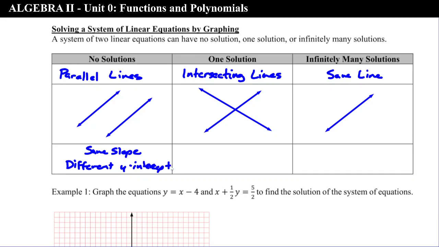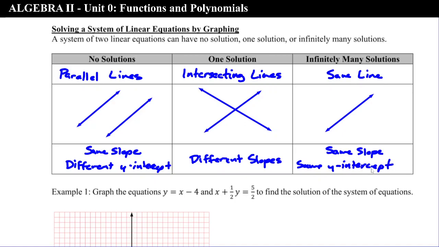For one solution, you would have different slopes. So if you have two equations and the slopes are different, then you know that you're going to have one solution. And if you have infinitely many solutions, it means you have the same slope and the same y-intercept, which makes sense because it's the same line. You would expect the same line to have the same slope and the same y-intercept.